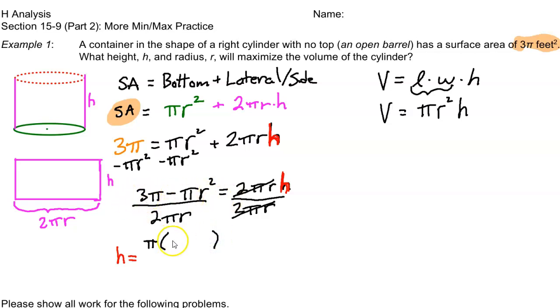In this case it'd be a 3, and then a negative r squared. And I'm going to remove the pi from the 2 pi r. I'm just going to write it in front. So I still have 2 pi r on the bottom here, right? But I just put this out here so I can clearly see that they cancel out. So I have my h. My h is now going to be 3 minus r squared over 2r.